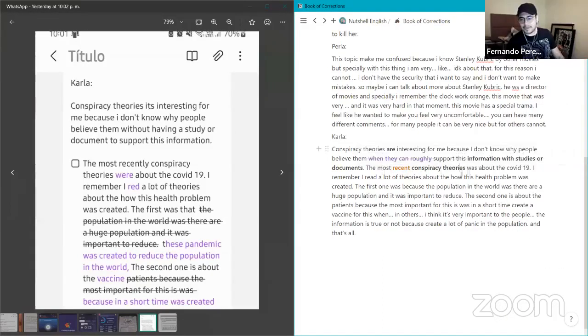The most recent conspiracy theories was about COVID-19. I remember I read a lot of stories about how this health problem was created. I read a lot of theories about how this health problem was created.